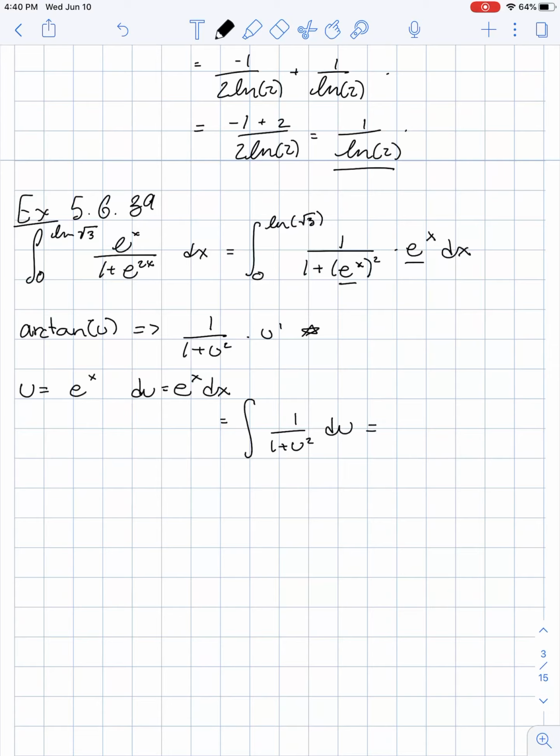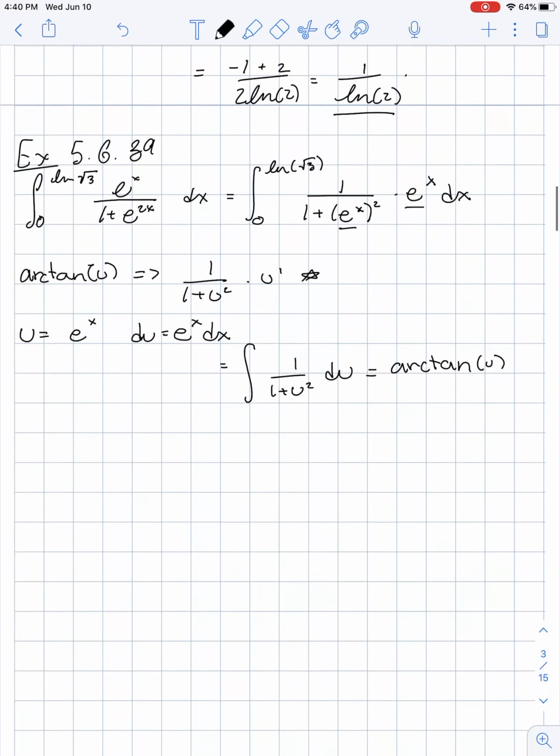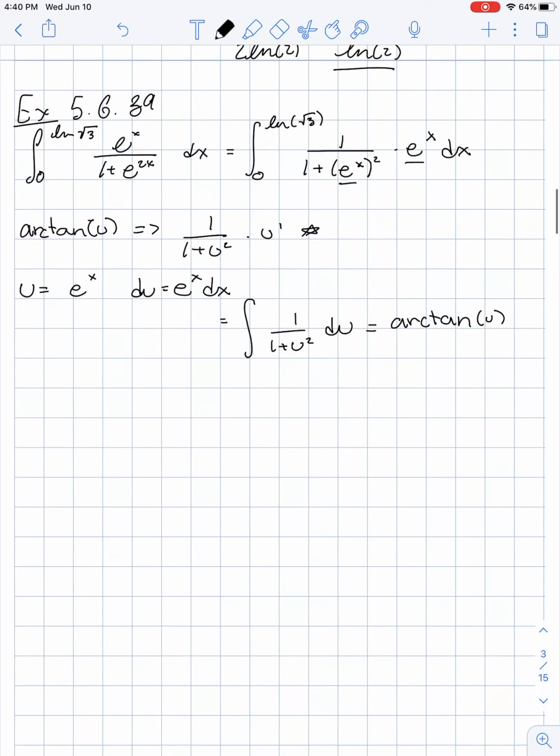And I know that that is going to be arctan of u, and then I'm not going to add a plus c. Then I'm going to plug in again, get rid of my u's because I only need them for integration, so I'm going to have arctan of e to the x.